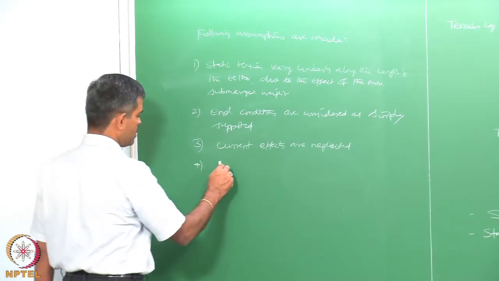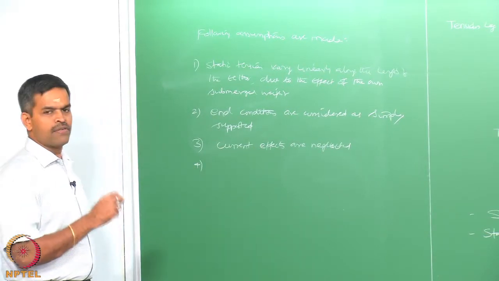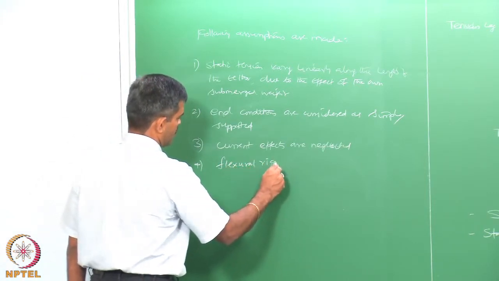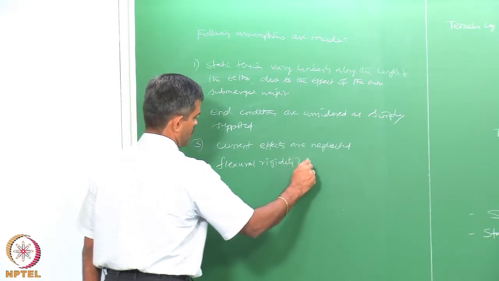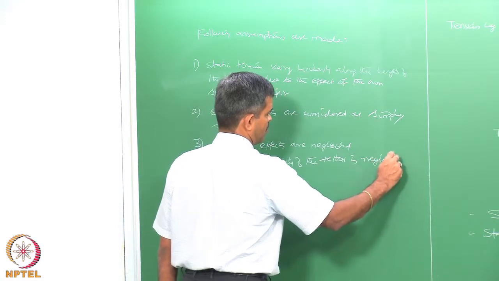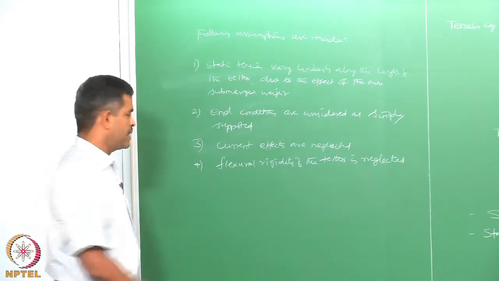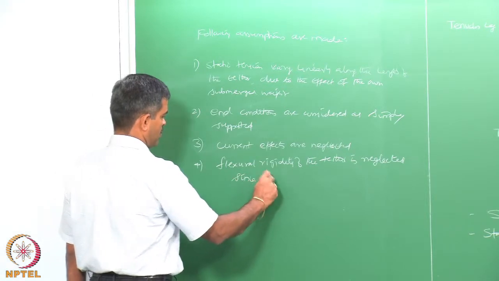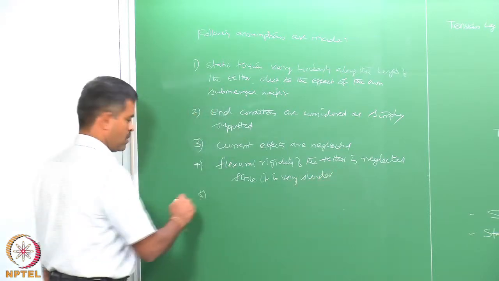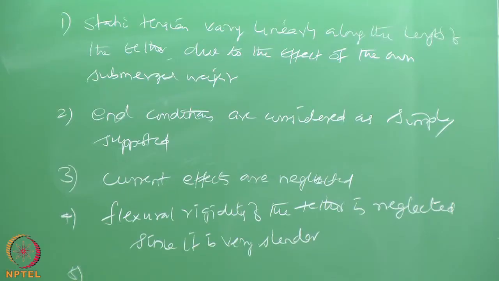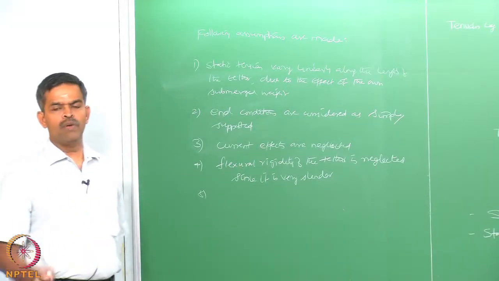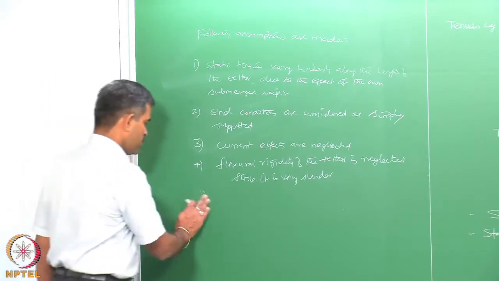We also neglect the flexural rigidity of the tether, because it is very slender. Once the flexural rigidity of the tether is neglected, its lateral moment is then given by a specific equation. Let us do this.